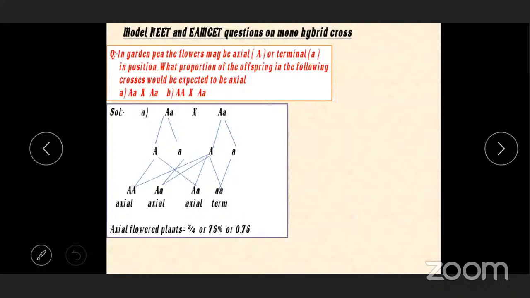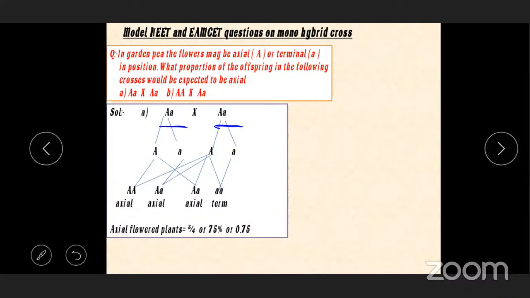So these are the questions. First question: capital A small a into capital A small a. If we divide into gametes, capital A small a and capital A small a.